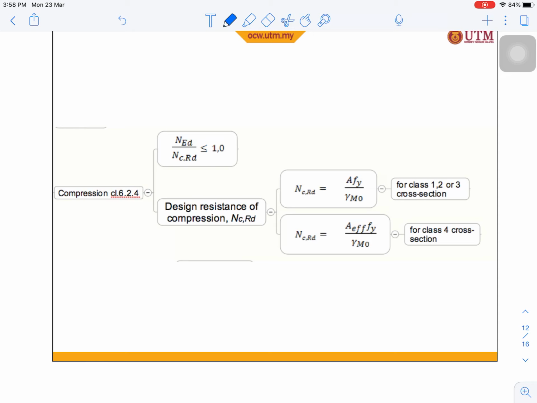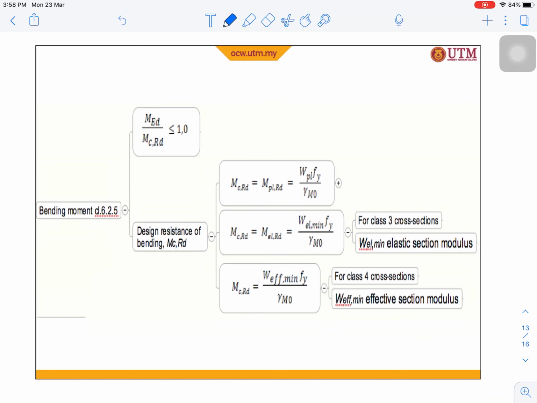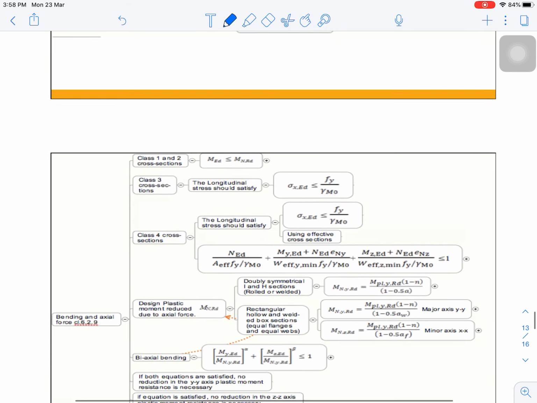Look at the compression, calculate the design resistance NCRD first, and compare as before. Apart from that, we need to check also the design resistance for bending, which is MCRD, which is quite similar to the one in the beam design.